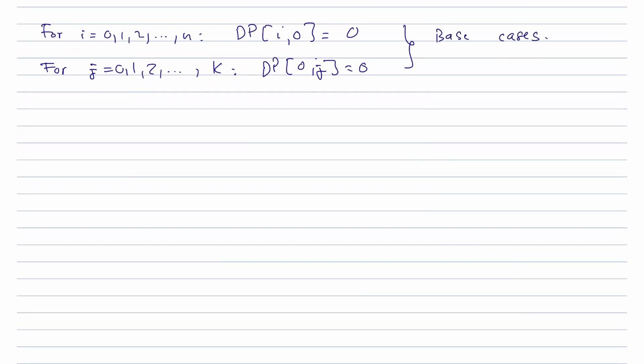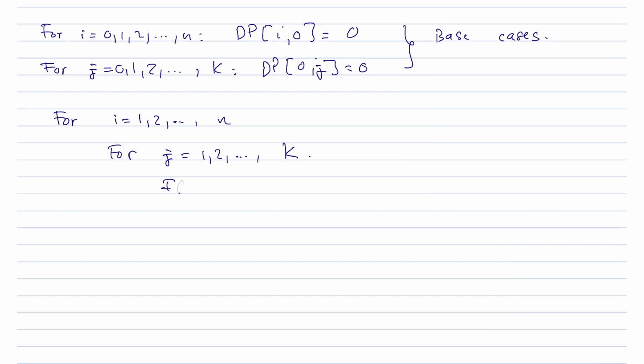Okay, so now let's build the dynamic programming table. For i from 1, 2 up to n, and for j from 1, 2 up to k, this is what I'm going to do.